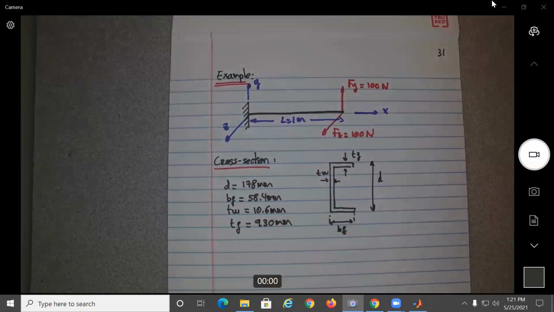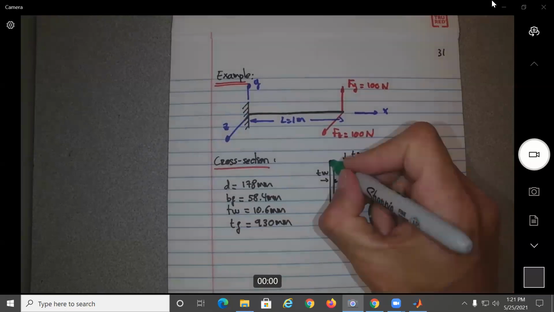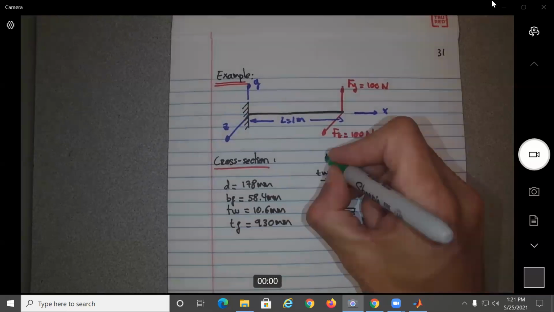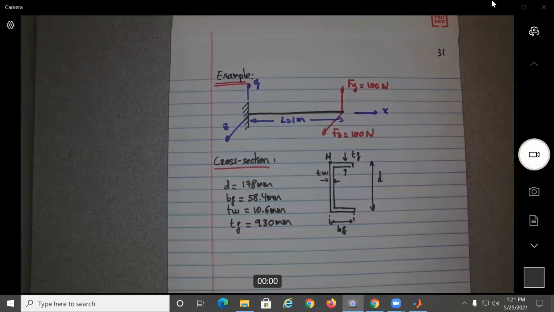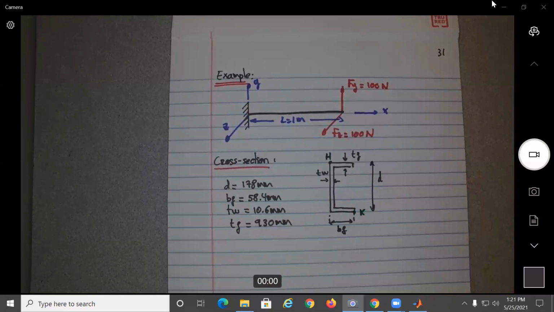Okay, and basically I think on that cross section we had to calculate the stresses at two points that were here, point H at this corner and point K at this point.